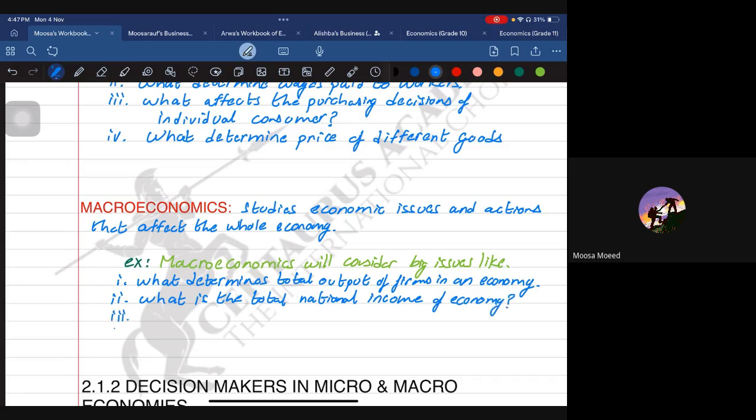Then what determines overall employment? What causes inflation and what is its impact?